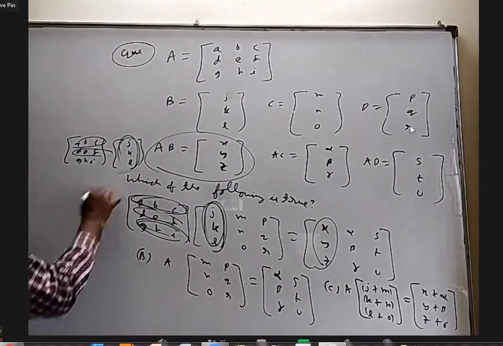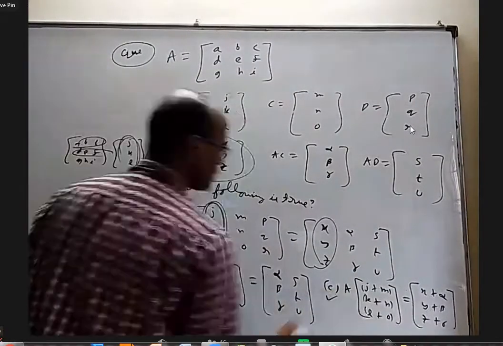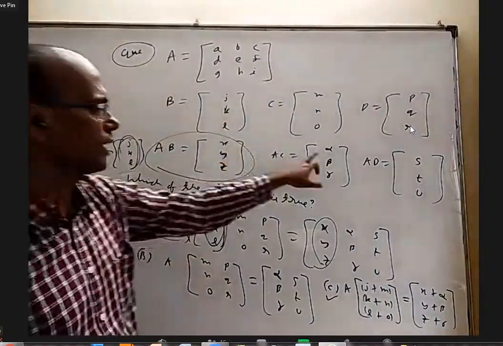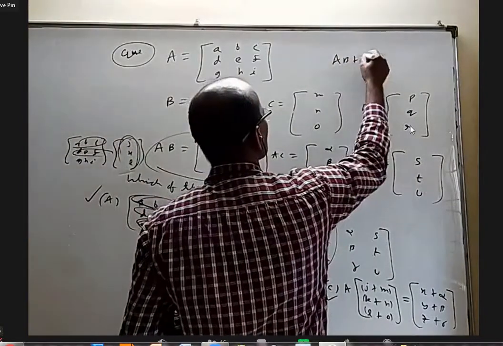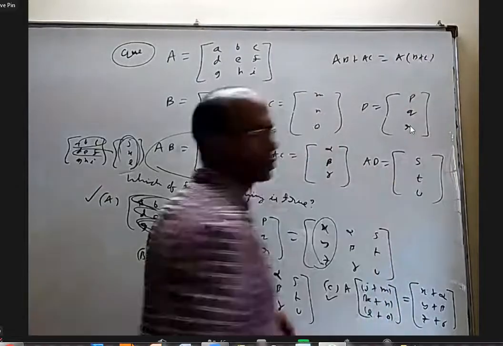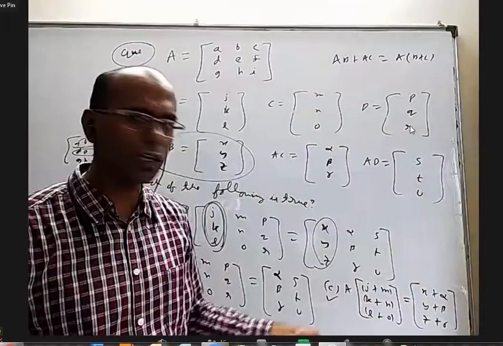Oh, okay, sir. So C is also correct. Yeah, C is anyway obviously correct because you are just adding these two results, correspondingly adding these two. It is as good as saying, can I write AB plus AC as A into B plus C? Distributive law? Yes, sir. That is exactly option C, right?